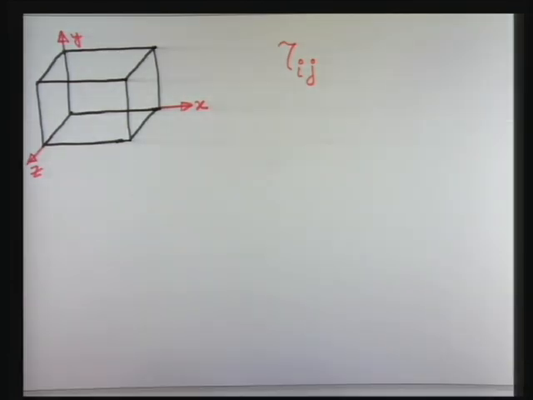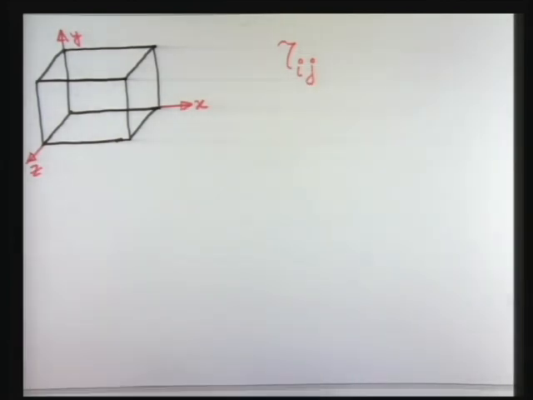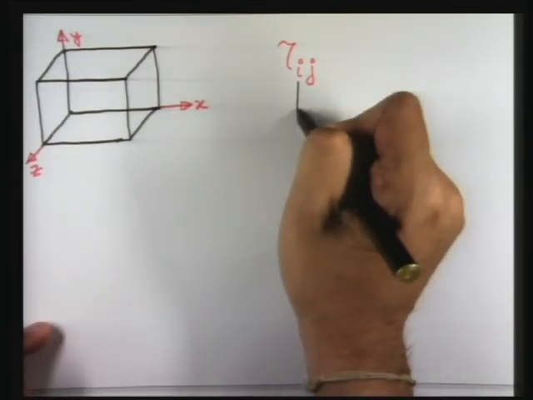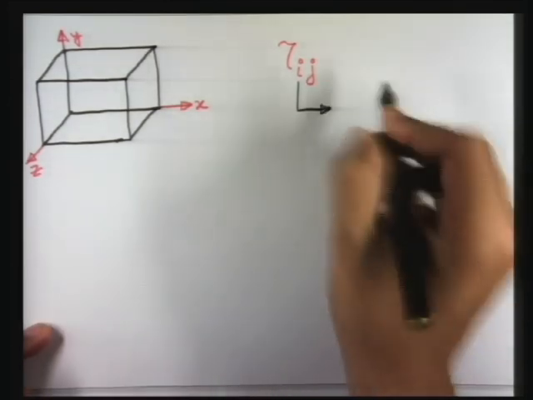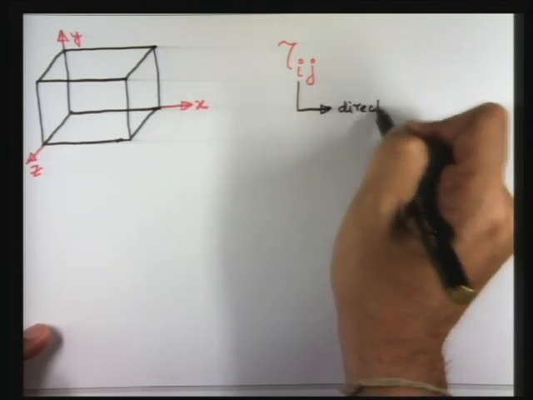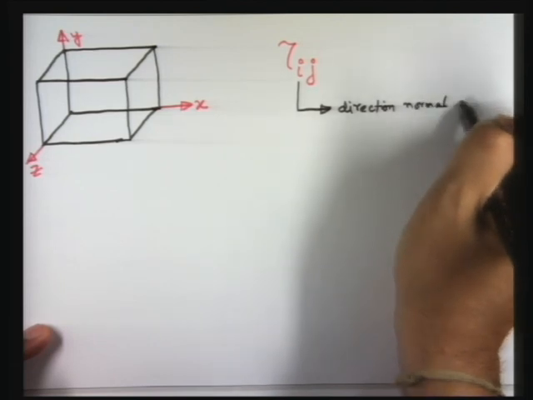So as we have discussed that there are two indices to specify the traction, and these two indices here are I and j. So what is the meaning of this I and meaning of this j? The meaning of this I is that it represents the direction normal of the surface.